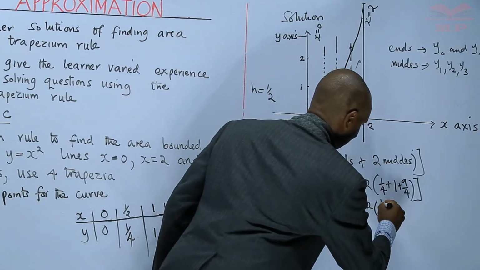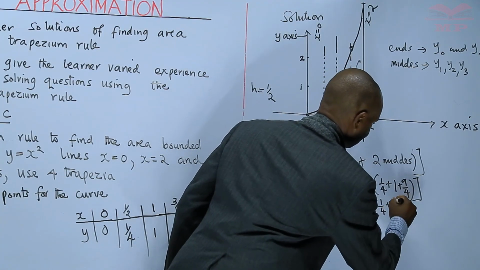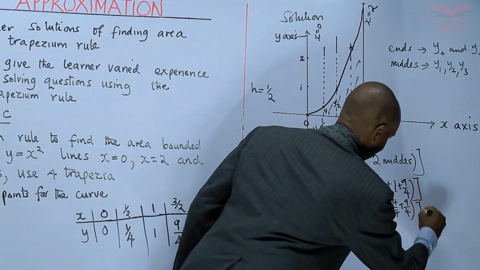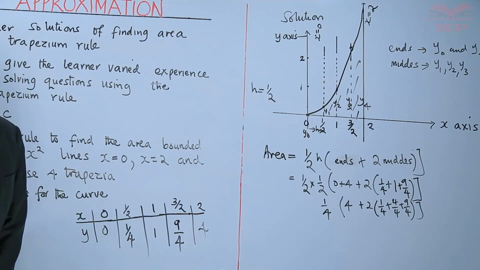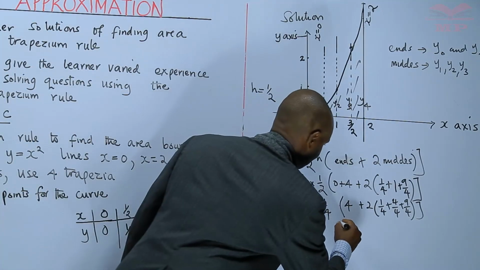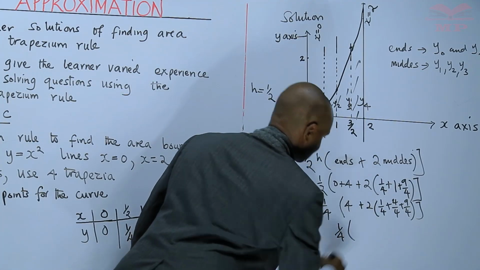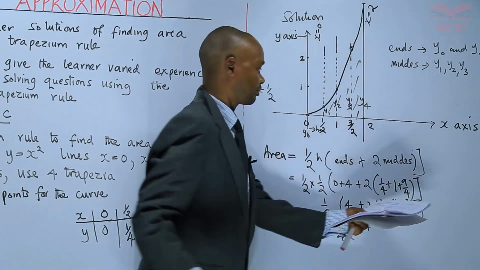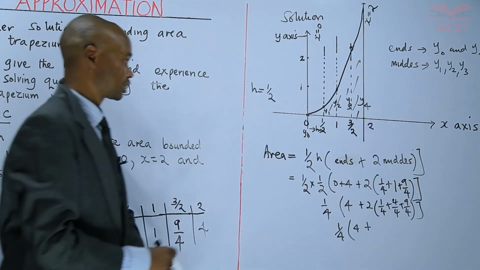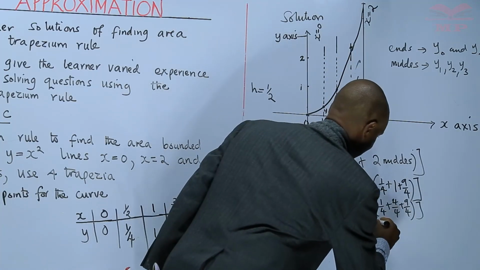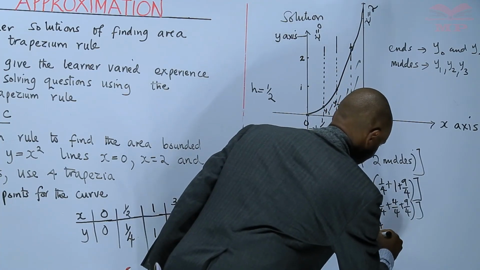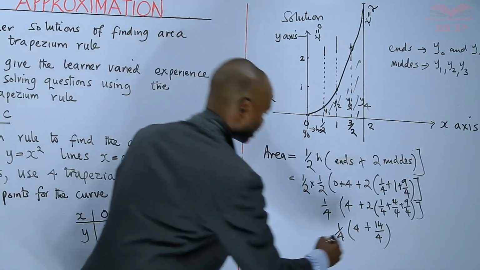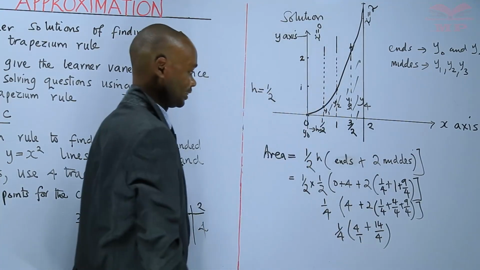So you write a quarter plus 1 is 4 over 4, and that remains 9 over 4, learner. So you'll come a quarter into 4 plus, we now add 1 plus 4 is 5. 5 plus 9 is 14. 14 over 4.